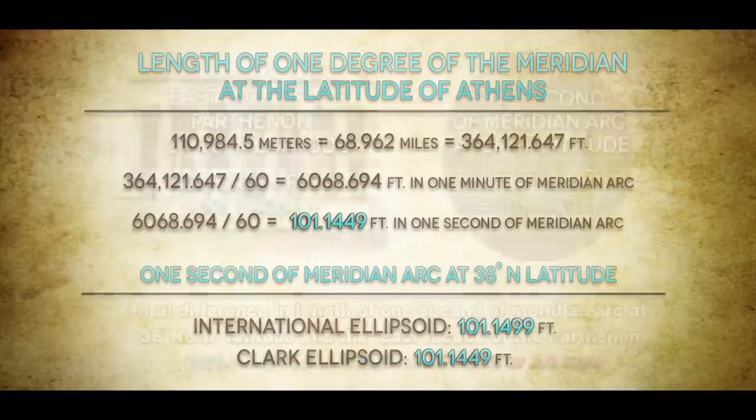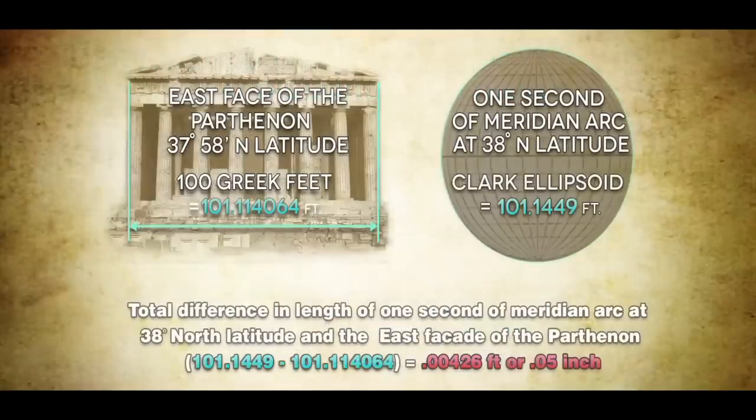So in other words, what we have there, the total difference in length of 1 second of meridian arc at 38 degrees north latitude and the east facade of the Parthenon is 0.05 inch. But again, that's for 38 north latitude, and it's actually at 37.58.